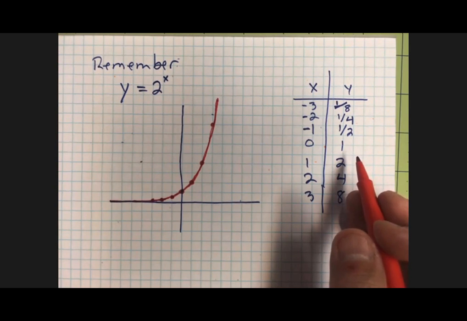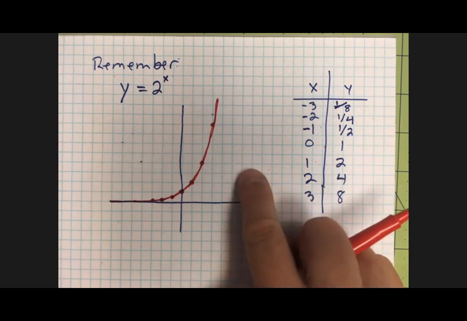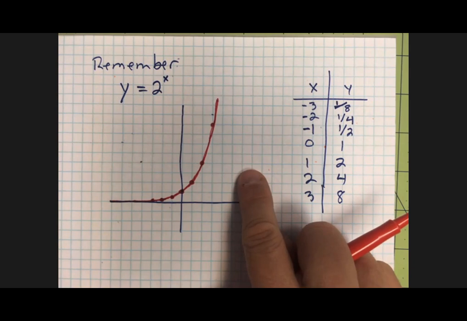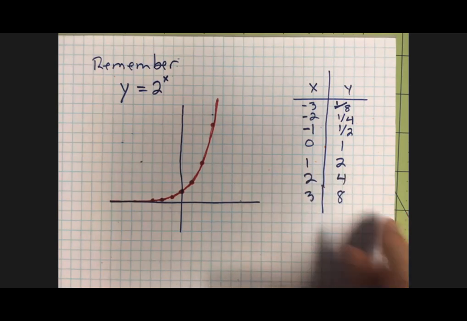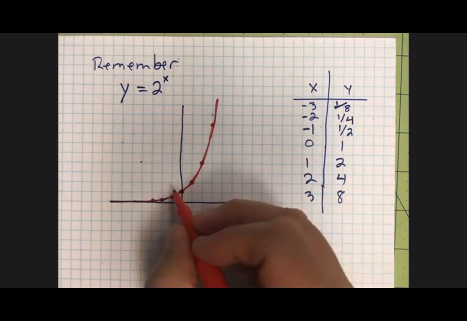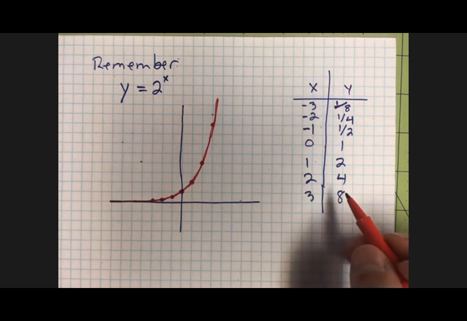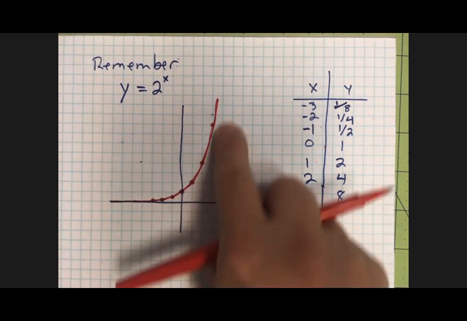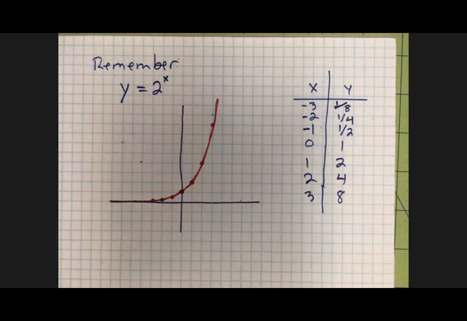And no matter how many times you cut that paycheck in half, you still got something. You can't cut your paycheck in half over and over again and end up in negative money. You could have debt and end up in negative money, but not just by cutting your paycheck in half. So this is the famous exponential shape.